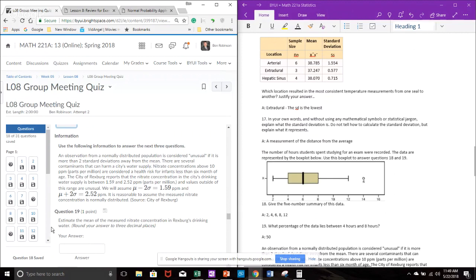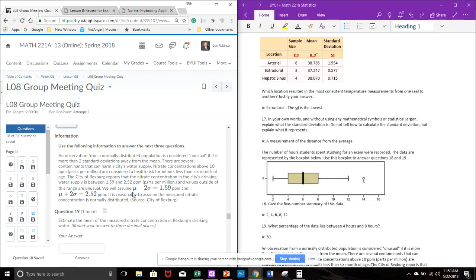Okay. An observation from a normally distributed population is considered unusual if it is more than 2 standard deviations away from the mean. There are several contaminants that can harm a city's water supply. Nitrate concentrations above 10 parts per million are considered a health risk for infants less than 6 months of age. The city of Rexburg reports that the nitrate concentration in the city's drinking water supply is between 1.59 and 2.52 parts per million, and values outside of this range are unusual.